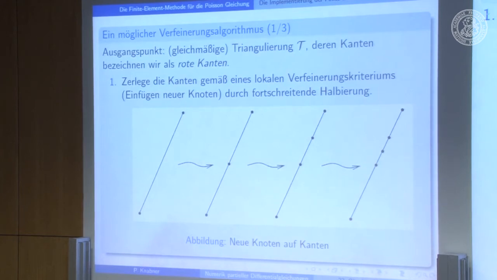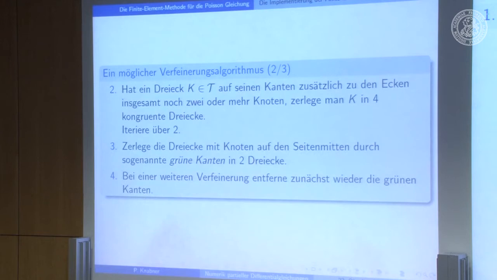So we produce, in a finite number of steps, new nodes. And then the next step is we look at each of the triangles and see how many additional nodes have been produced in addition to the edges which are already there.